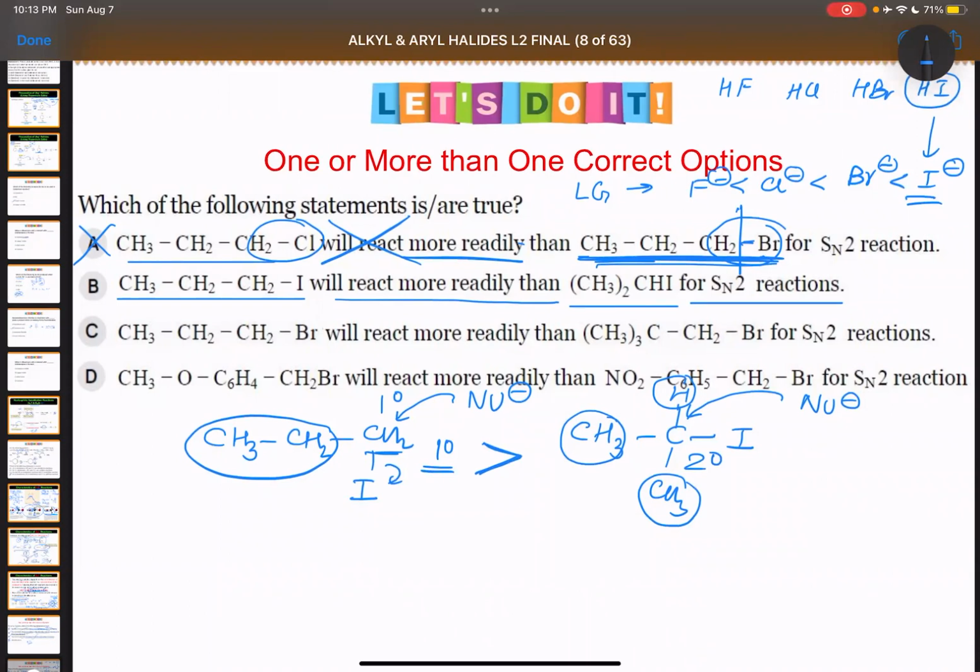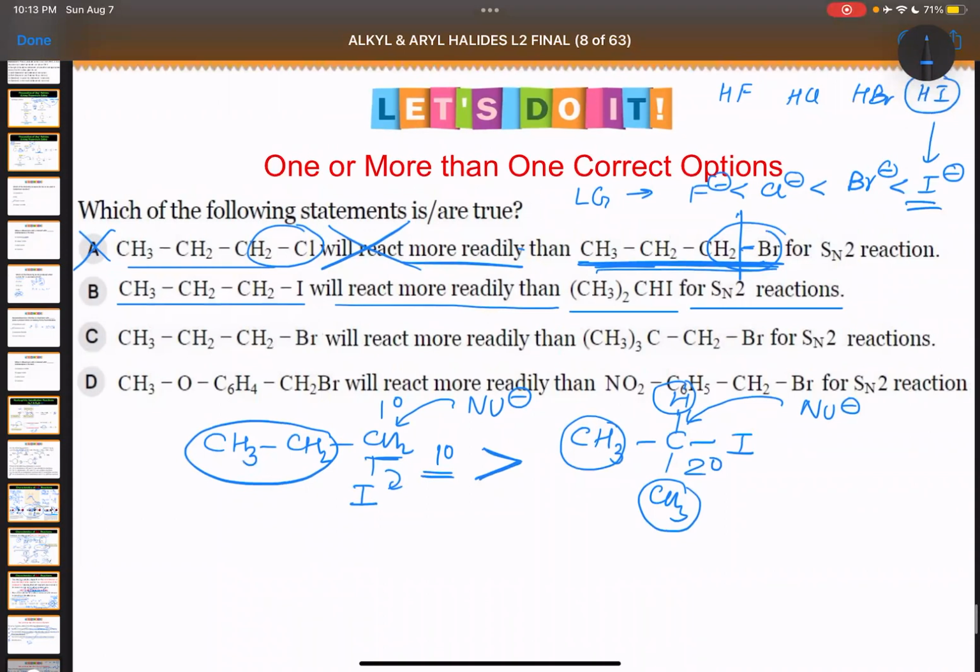They are not changing. So methyl is more reactive than 1 degree. 1 degree is more reactive than 2 degree and 3 degree. As you have more and more branching, the rate of SN2 is going to become lesser and lesser.